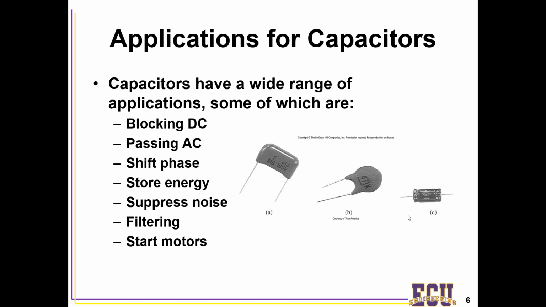So for example, in old cameras that had flash modules in them, one of the ways that you would be ready to take flash pictures is you would actually store up charge on a capacitor, and then when it was time to take that flash photo, the capacitor would actually release the charge into the flash module. If you've ever heard a camera where you hear this little high-pitched frequency as it's charging up, getting ready to take flash photography, what's actually happening is it's charging a capacitor and it's storing that energy.